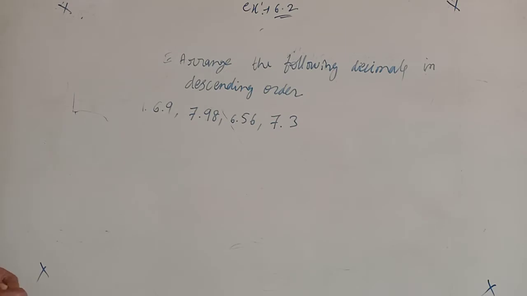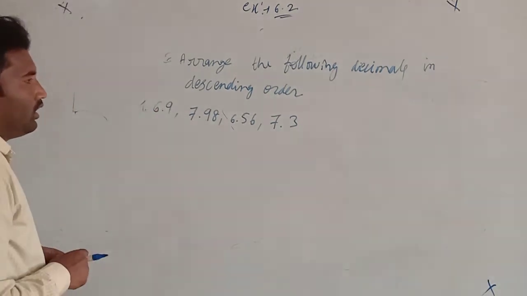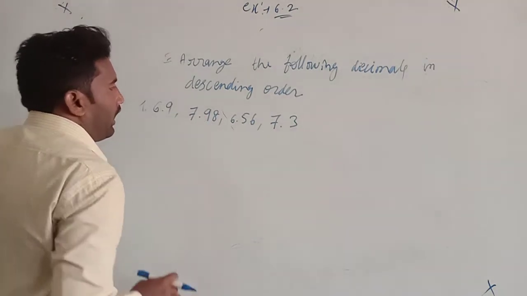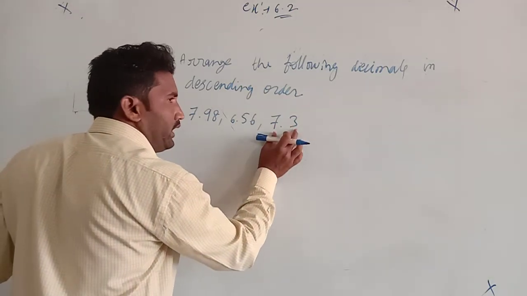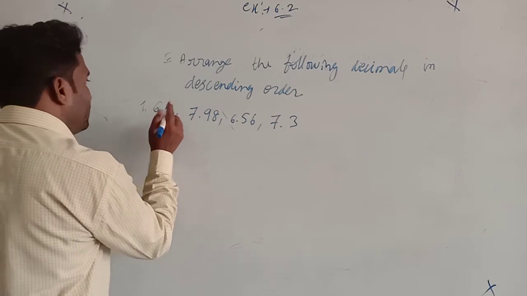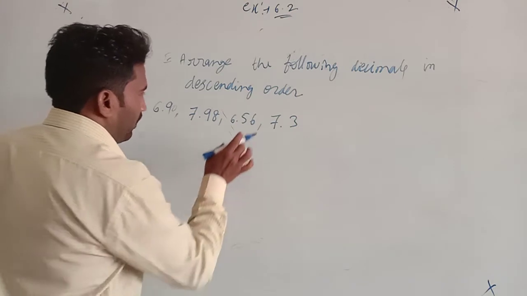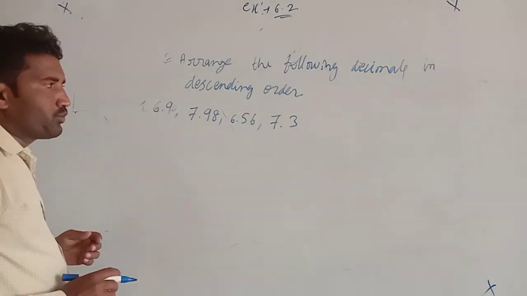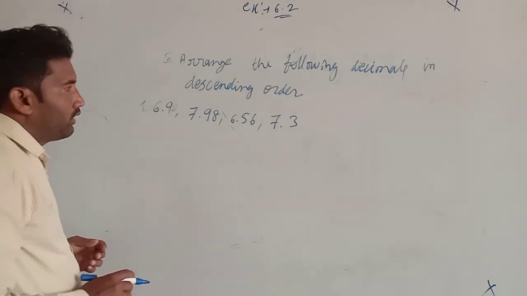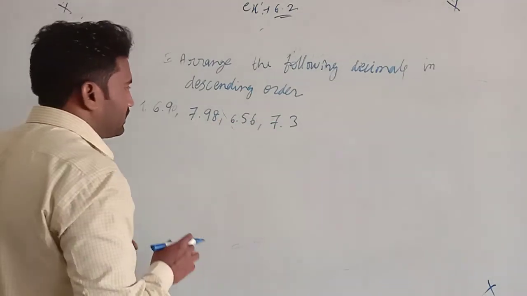So when we are observing these four decimals, we see the greatest is 7.98, and the second greatest is 7.3, and the third greatest is 6.90. Next, the last order is 6.56, because 6.56 is smaller than all the numbers. It is smaller than these three numbers.